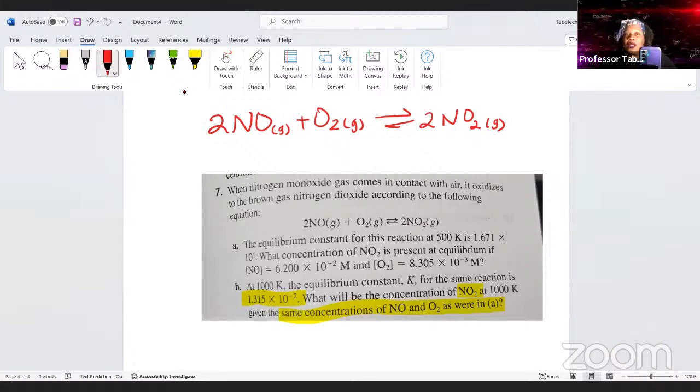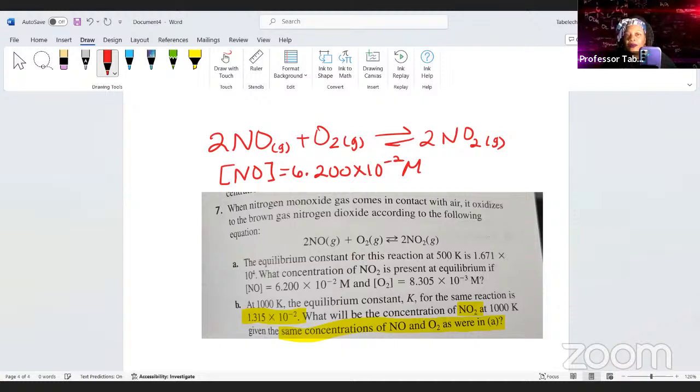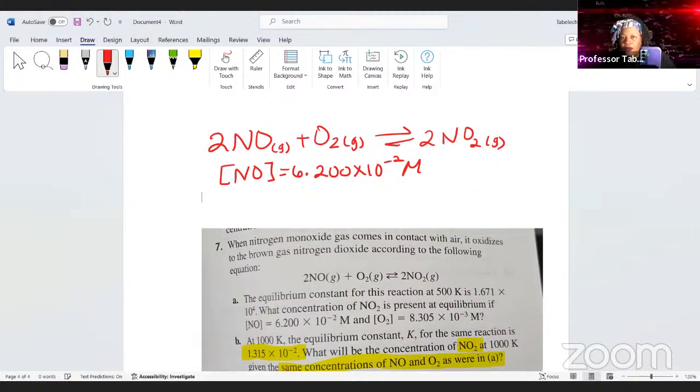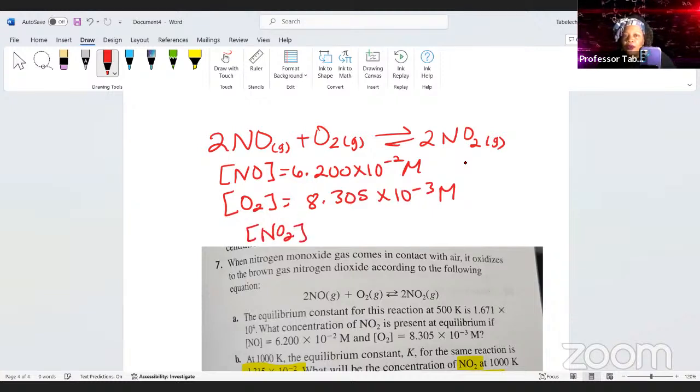I'm going to write down the concentration values. So NO, okay, equals 6.200 times 10 to the negative second power, M. And my O2 right here, okay, is 8.305 times 10 to the negative third M. And they're wanting you to calculate NO2, okay?